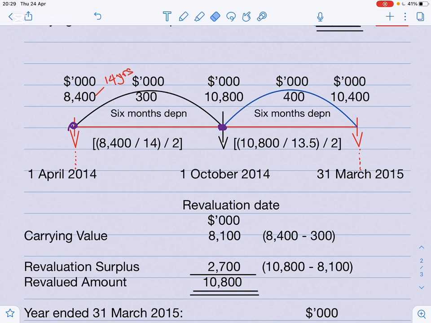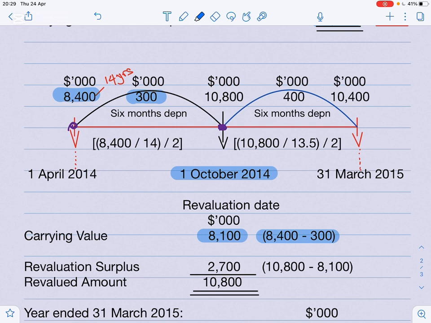So if you remember, we started with $8.4 million, and out of the $8.4 million, we enjoyed $300,000 for the first 6 months. So if you want to know what we have left as at the date of revaluation exercise, it will be 8.4 minus $300,000, and that will produce 8.1.